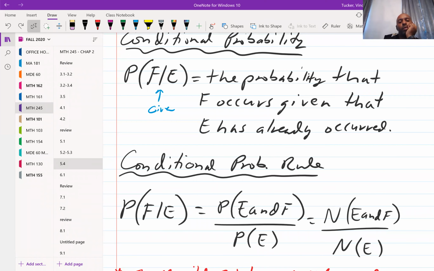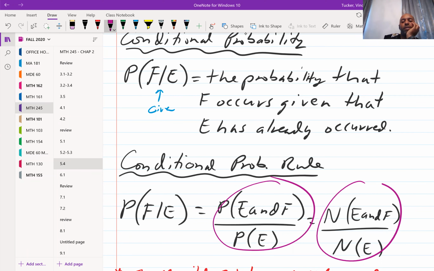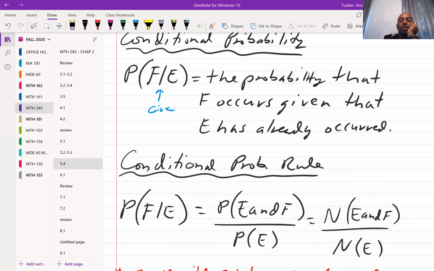The way we calculate it, either we have the probabilities or we have the number of those events.